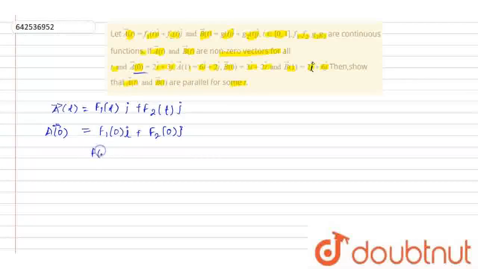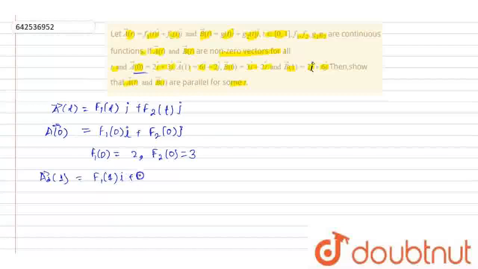We can say that the value of f1(0) is equal to 2 and the value of f2(0) is equal to 3. Similarly, if we find the value of A(1), that is f1(1)i plus f2(1)j.